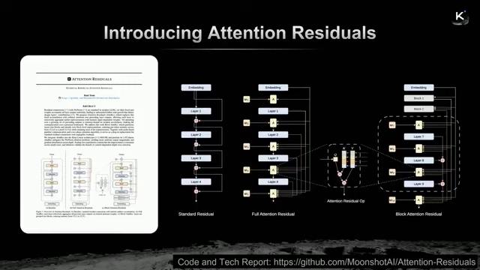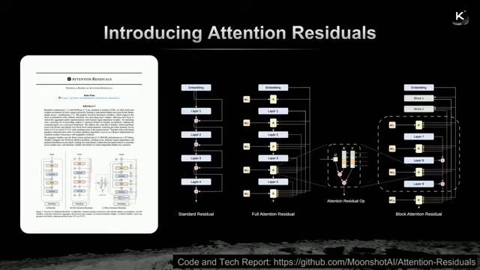And of course, to increase the efficiency and reduce the infrastructure, for example communication and memory overhead, we also designed a new variant called block attention residual on the right-hand side. The idea is also simple. We divide all the layers in the neural network into multiple blocks.